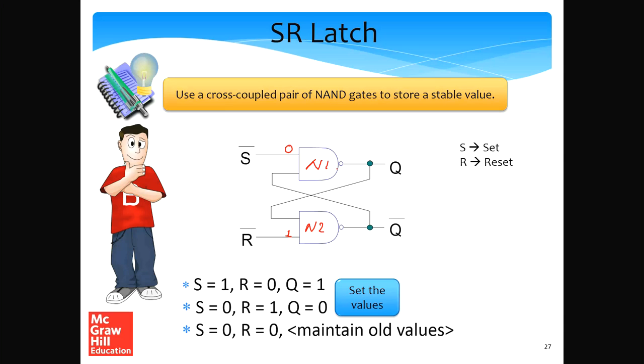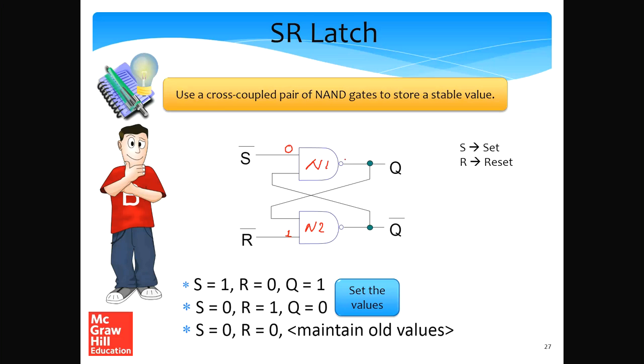In any NAND gate, when one of the inputs is equal to 0, then the output is equal to 1, because it is not possible that the AND condition will be true.